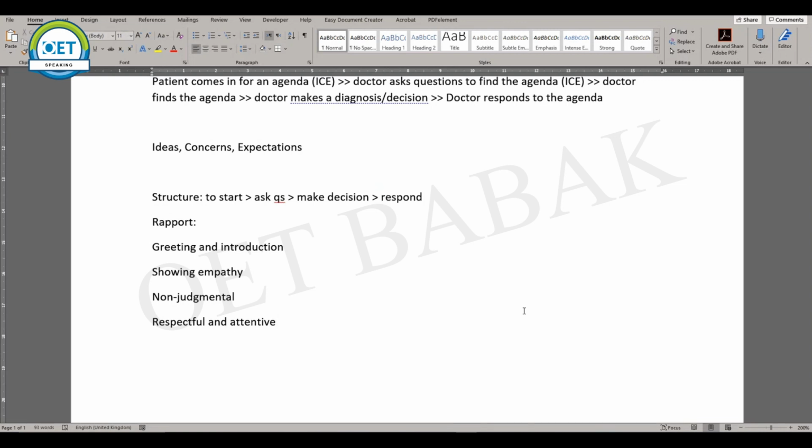Showing understanding to her, like, I can understand your concern. Maybe with body language, and with appropriate words responding to the patient's concern, like, what is understandable, is totally conceivable. Oh, that is showing empathy.